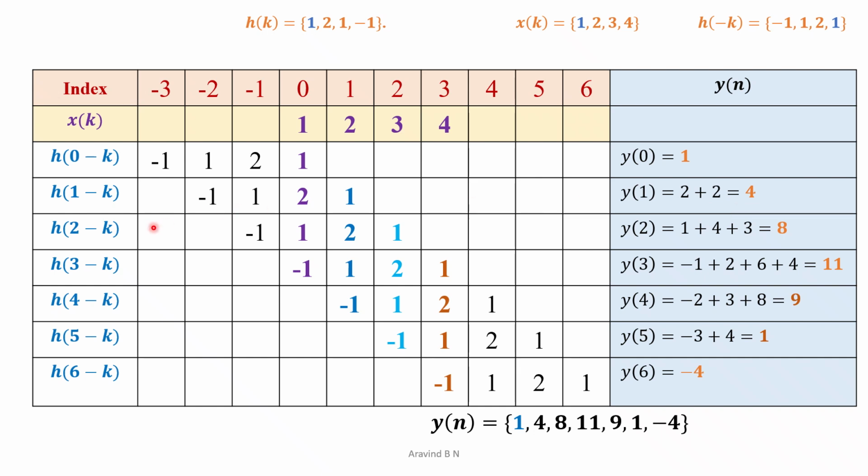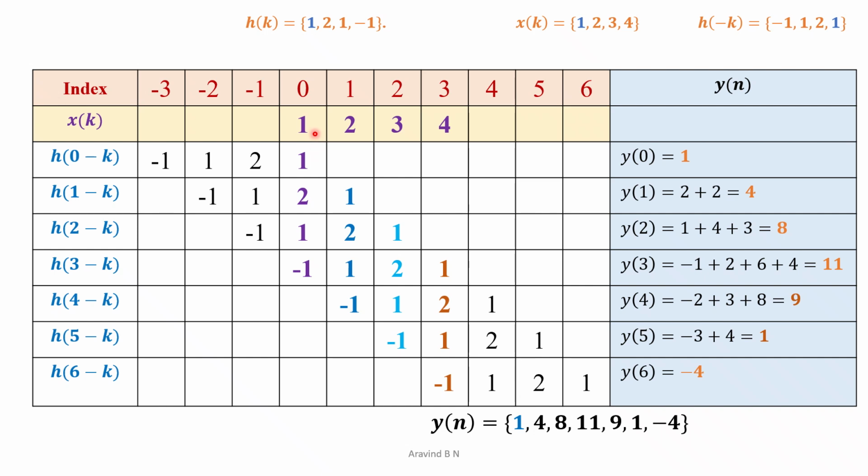Similarly, for h of 2 minus k, shift h of minus k by 2 values to the right, or with respect to its previous h of 1 minus k, make one more shift. So we get h of 2 minus k, and that has been done over here.